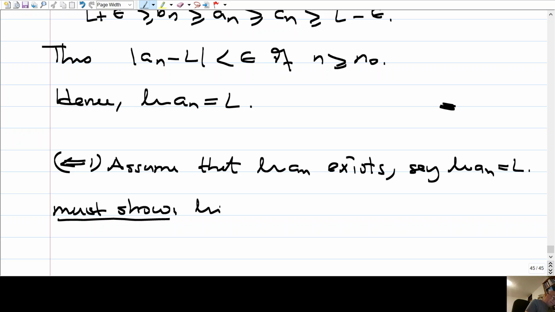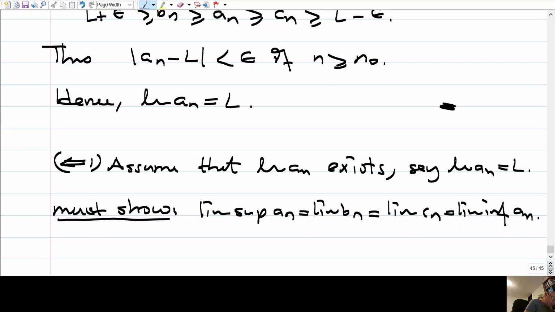So limsup An, which is limit Bn, should be equal to limit Cn, which is liminf An. So we must prove this.